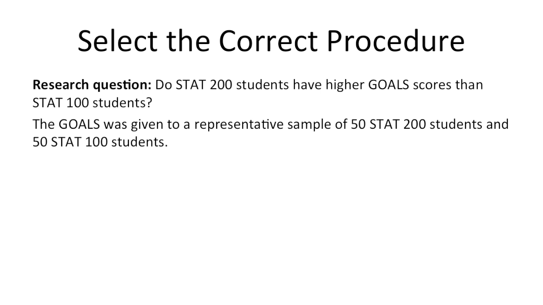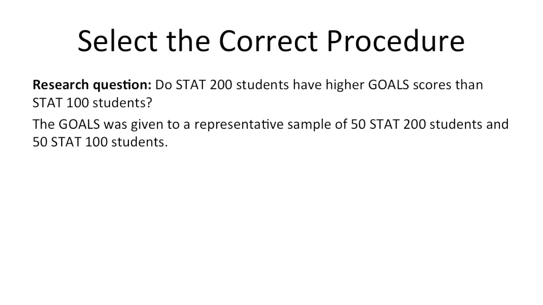Here's one last example. Do Stat 200 students have higher GOALS scores than Stat 100 students? The GOALS assessment is an assessment that you took the first week of class. I think it was 20 questions that assessed your statistical knowledge and statistical literacy. So it's a quantitative variable.